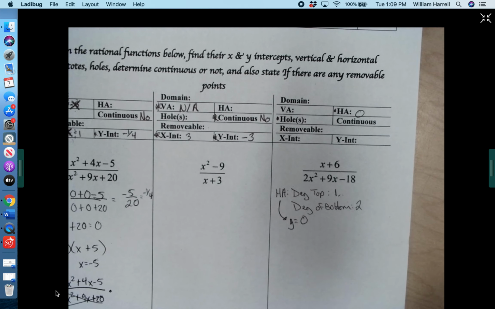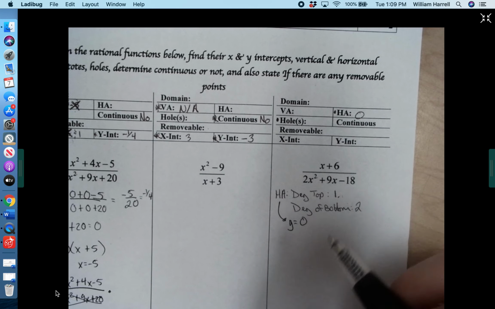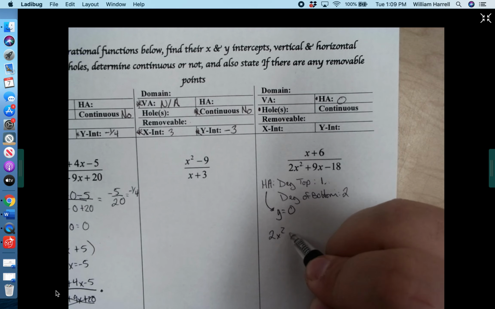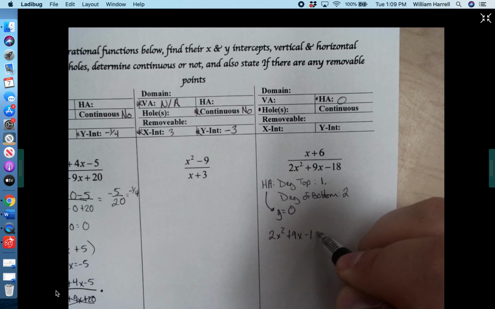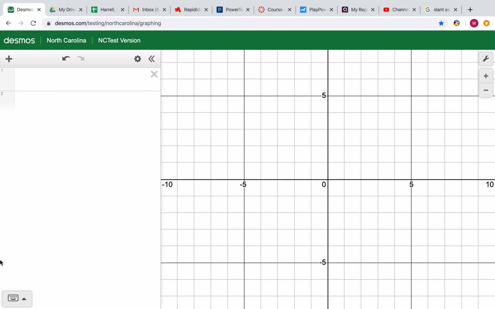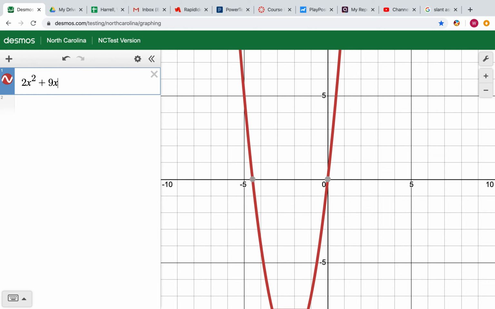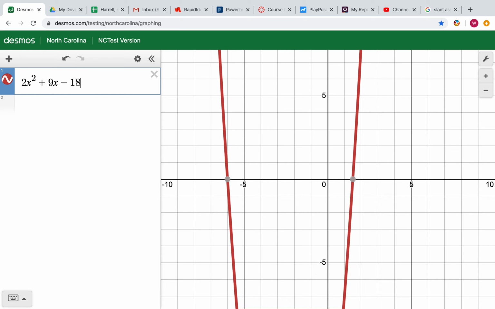Now we have to see if there are any holes. To see if there are any holes, you need to factor your bottom. So 2x squared plus 9x minus 18. I'm going to go to Desmos, and Desmos allows me to factor pretty quickly. I want the roots, or solutions.